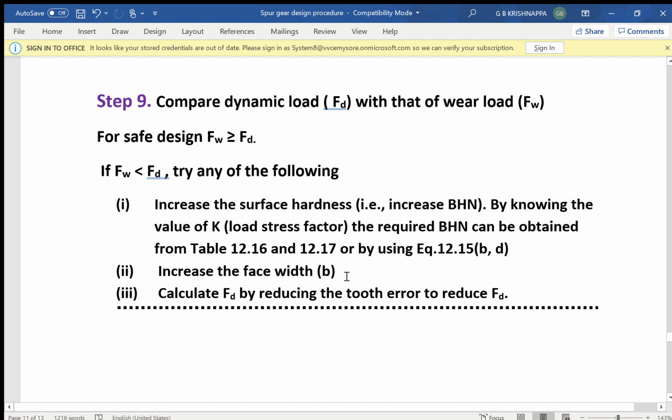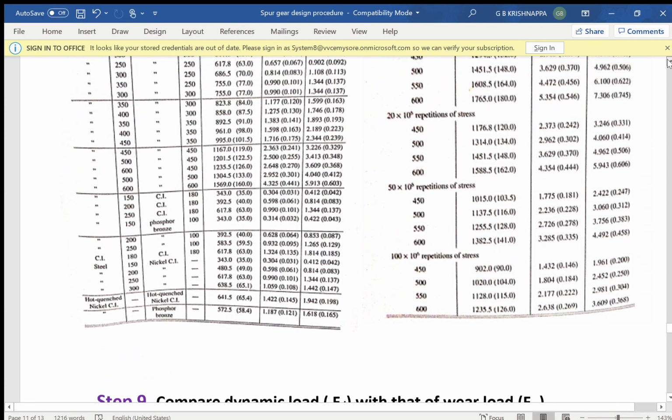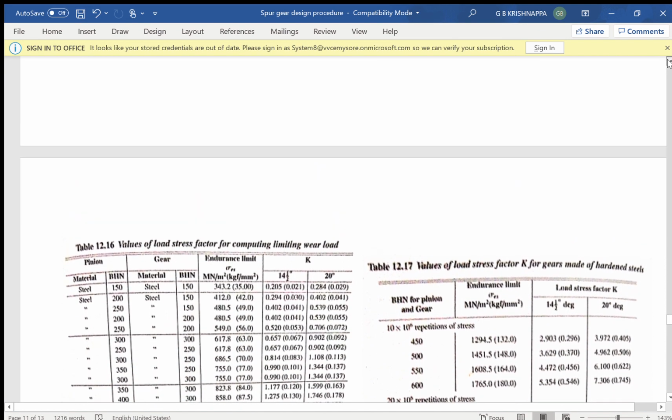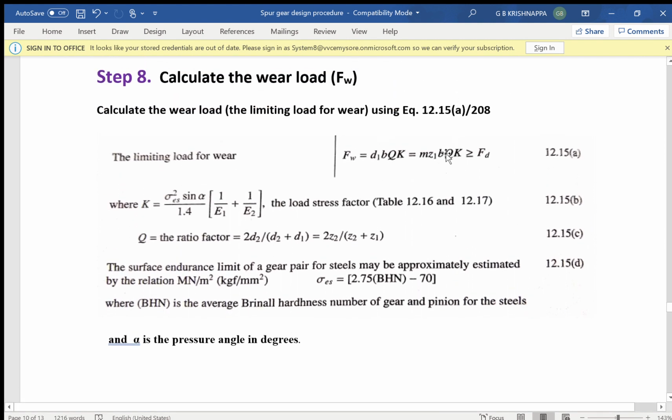Increase the face width B in order to increase FW. You can also try to increase face width B, because FW is equal to D1 B Q K. K is the load stress factor. Either you can increase K or B, because M and Z1 you already have in your hand.